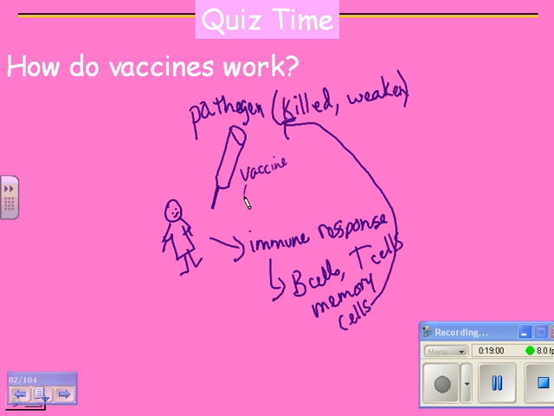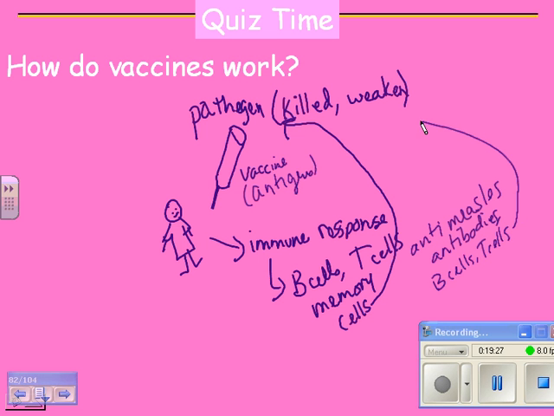So a vaccine has foreign antigens, right? You get your weakened measles antigens, you make an immune response against measles. So you end up making anti-measles antibodies.